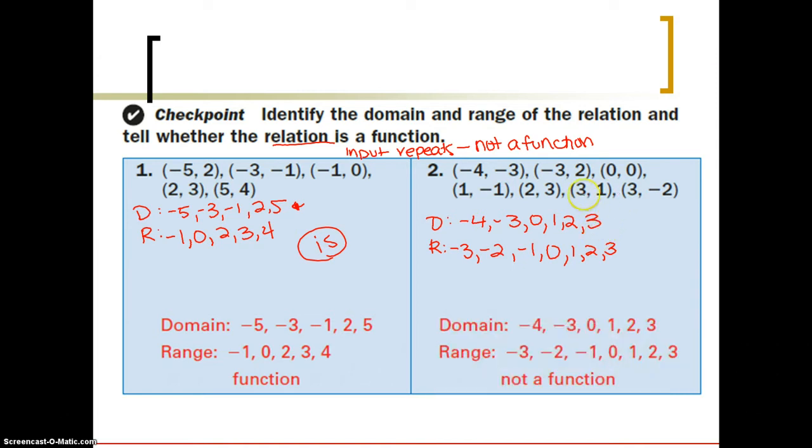This is not a function because these 3's repeated. Now, when I write my domain, just to reiterate here, you can see I only wrote 1, 3, even though it repeated. So when you see that this repeats, you know it's not a function right away. But again, the domain only includes 1, 3.